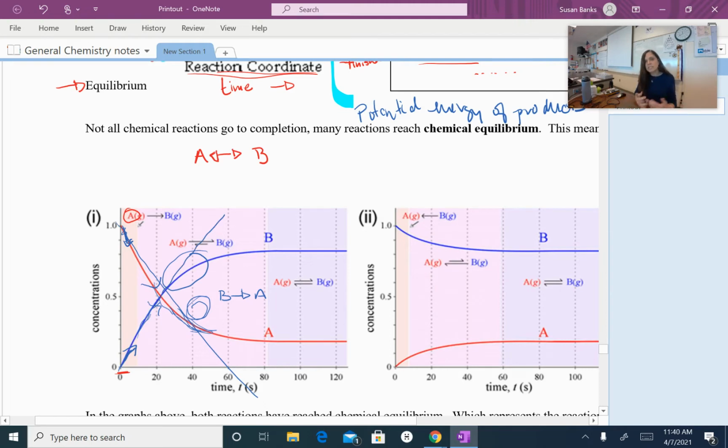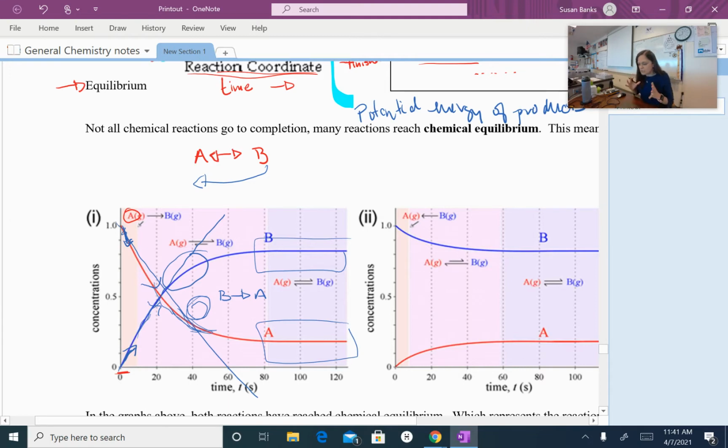Because we're starting to get the reverse reaction, or B going to A, to start being made. And eventually, I get to a point where my concentrations don't change at all. Notice how both of these lines flatten out. Those concentrations don't change at all.